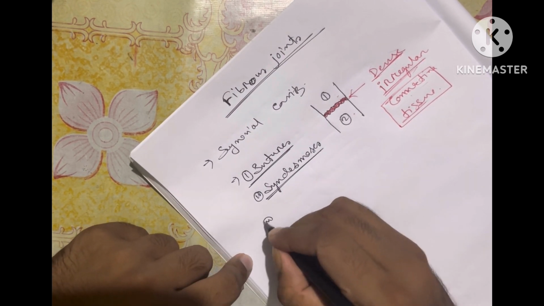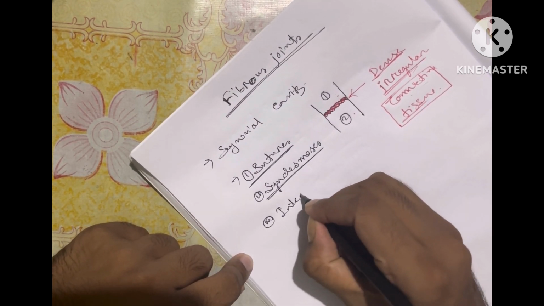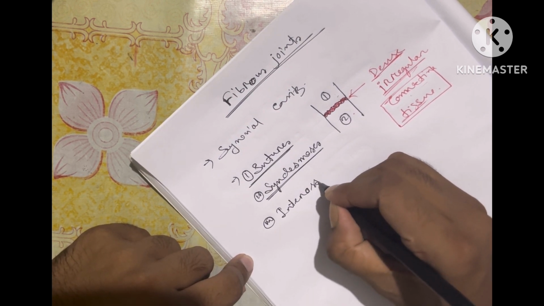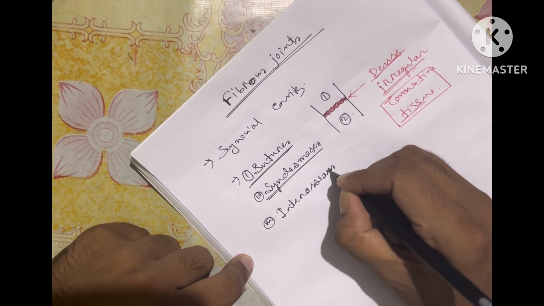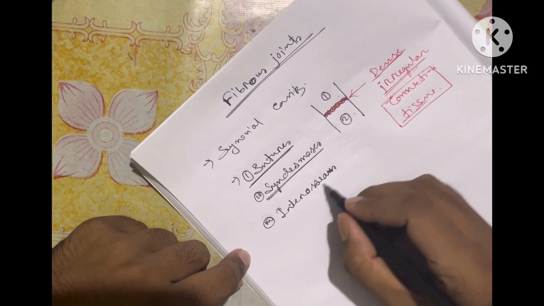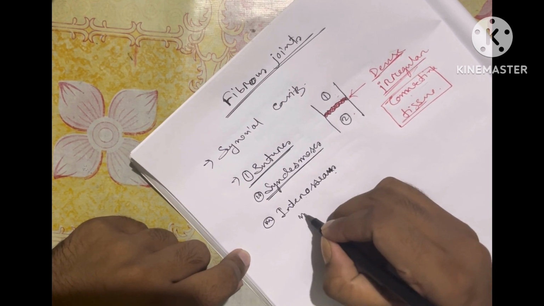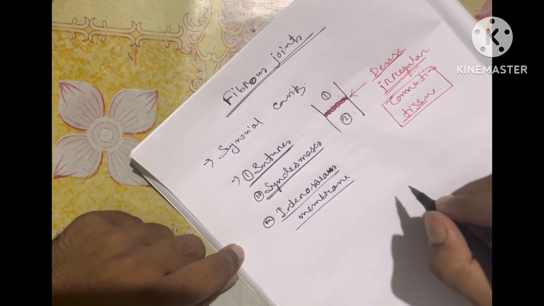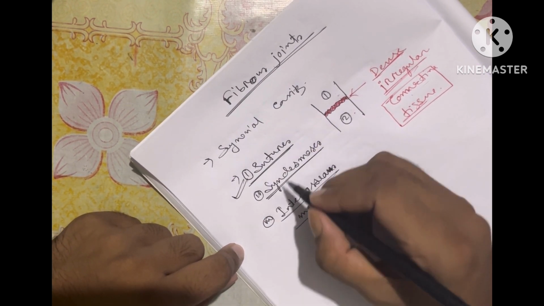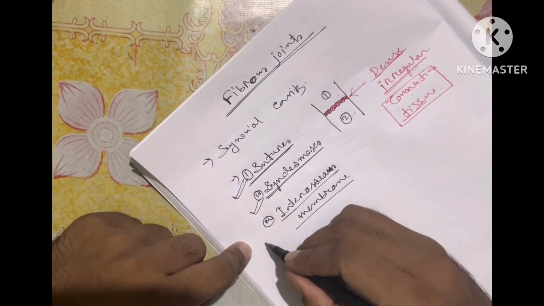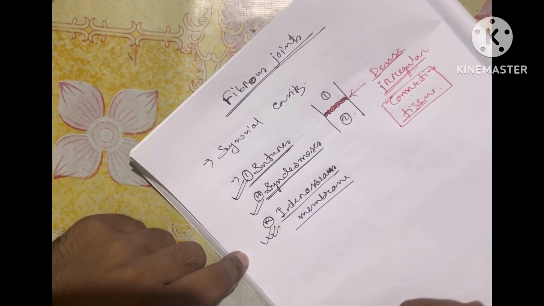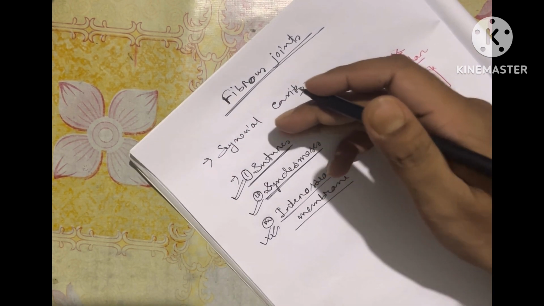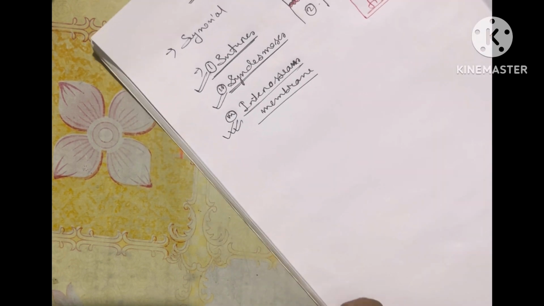And the third one is called interosseous membrane. So this is number one, sutures. Number two is syndesmosis, and number three is interosseous membranes. These are the three basic categories. So let's discuss one by one.